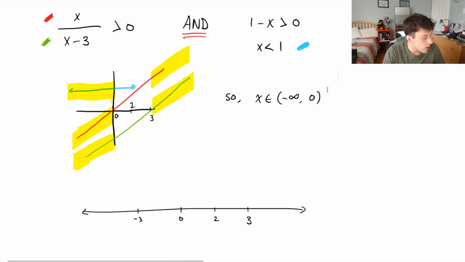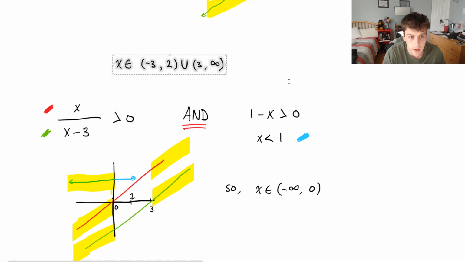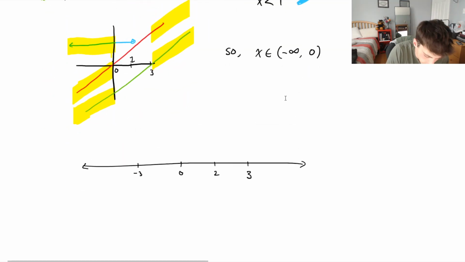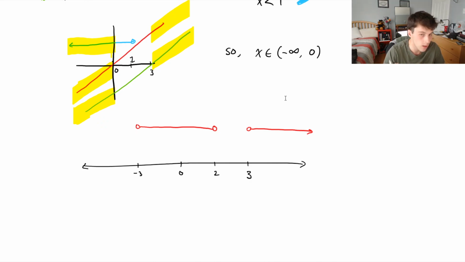Okay, and from our first solution of the logarithms, we have from -3 to 2 and from 3 to infinity. So this red just represents the logarithm solution. Let's write that as the inequality from the question. I think that's a little bit more clear.